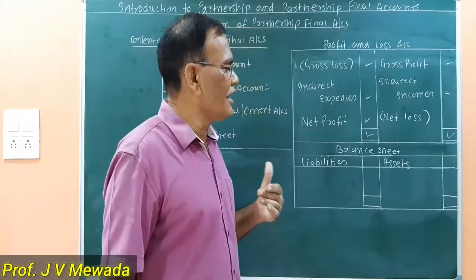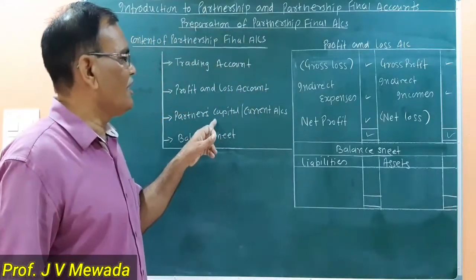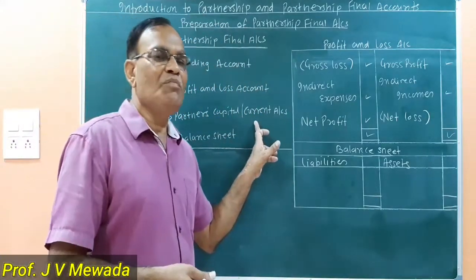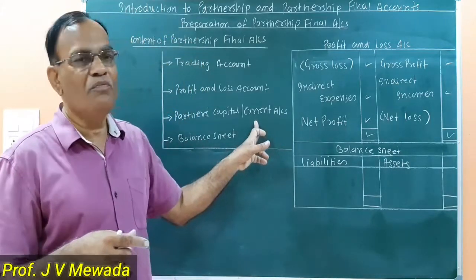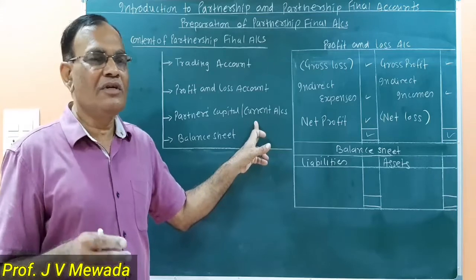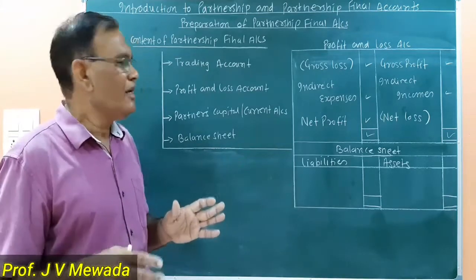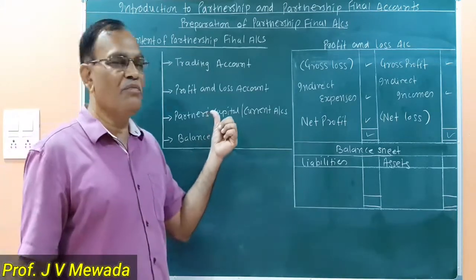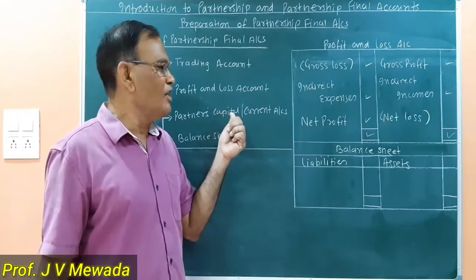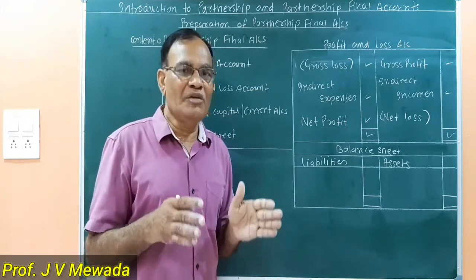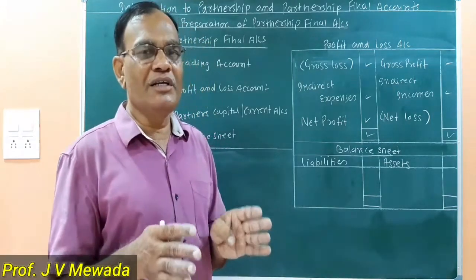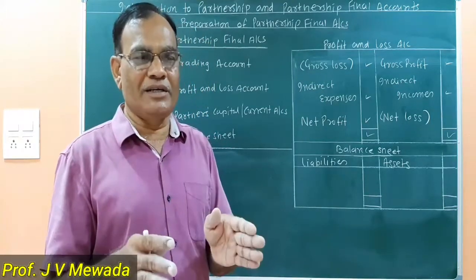Now, our next format is the capital account or current account. In the previous lecture, on the methods of partners' capital account, I have already explained in detail the format of the partners' capital account and the partners' current account. These accounts are meant for recording transactions related to partners.